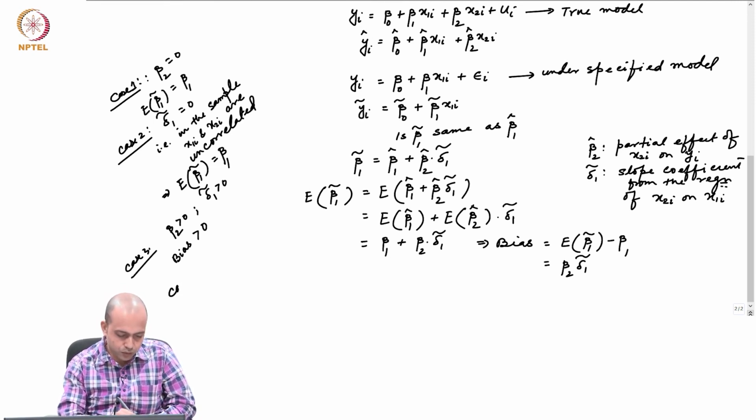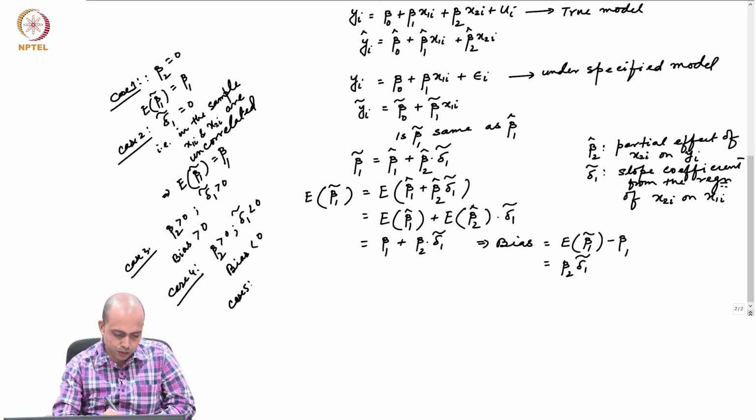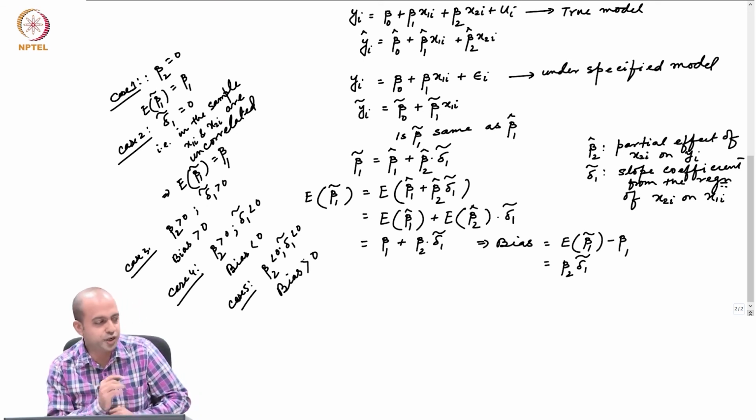Case 4: beta 2 positive but delta 1 tilde negative, then the bias would be negative. And case 5: beta 2 is negative and delta 1 tilde is also negative, so the bias is greater than 0. So these are the alternative cases.